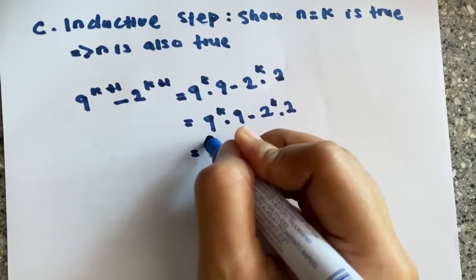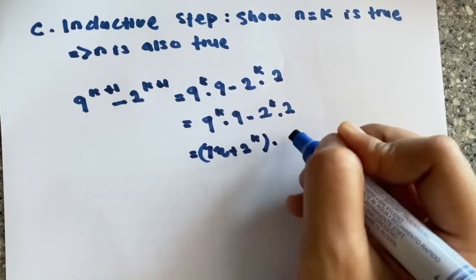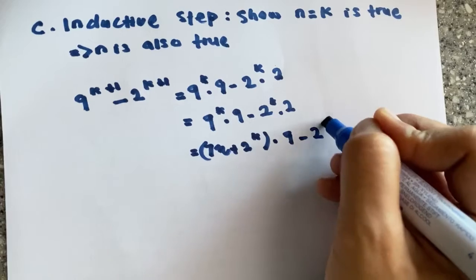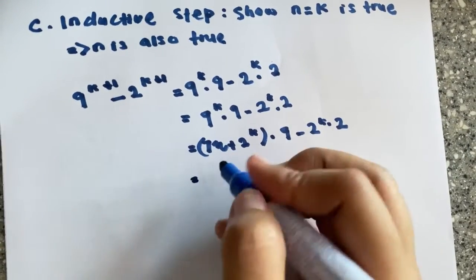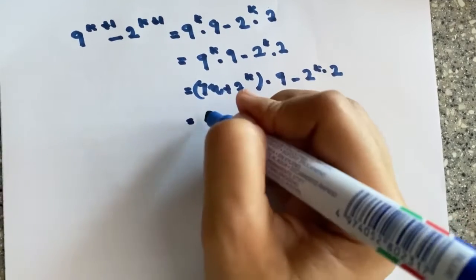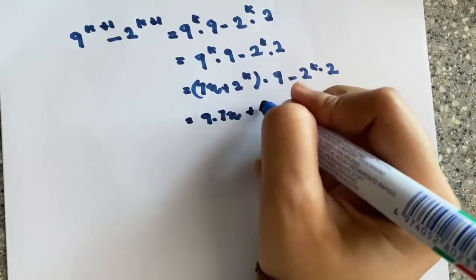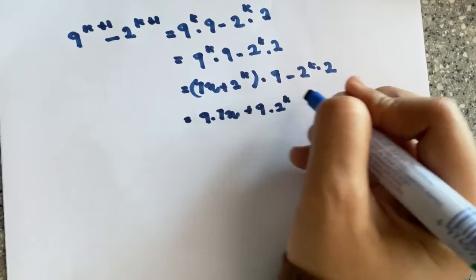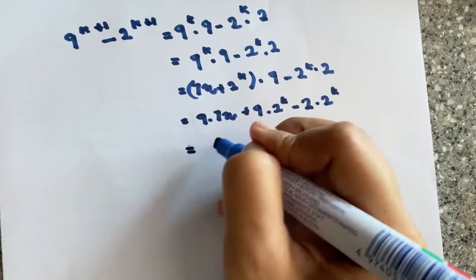So we get 7x plus 2 to the power of k, times 9, minus 2 to the power of k times 2. So we get 9 times 7x plus 9 times 2 to the power of k minus 2 times 2 to the power of k.